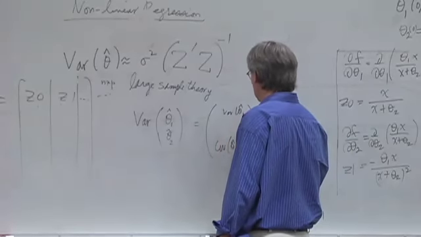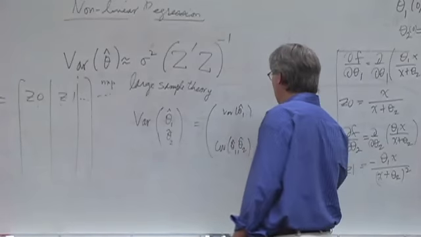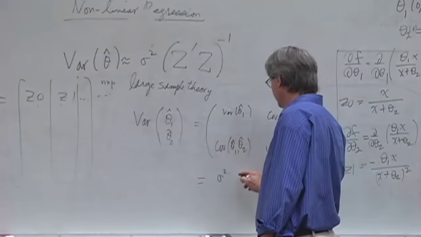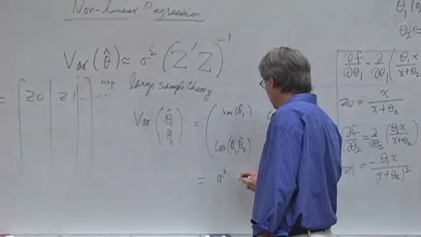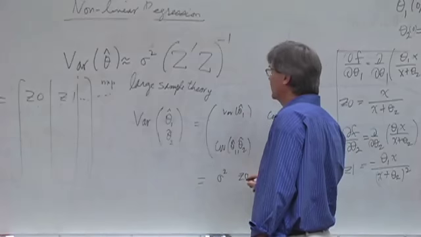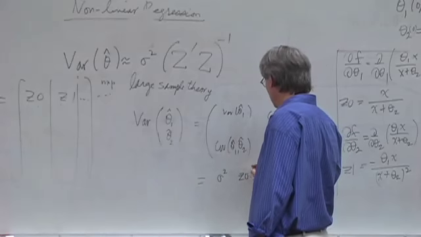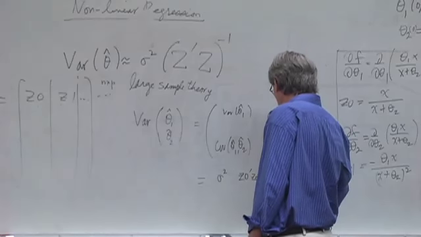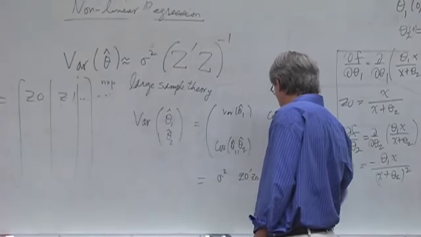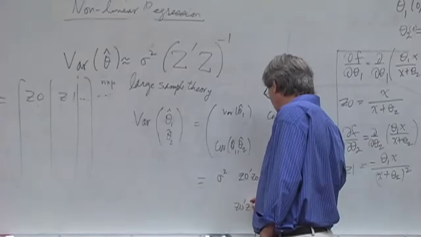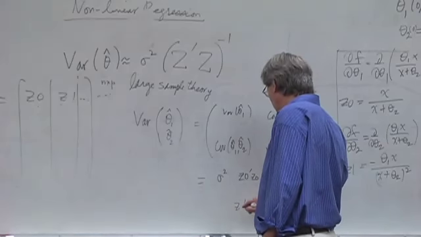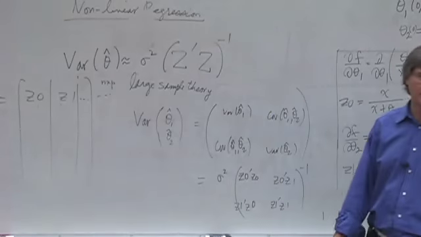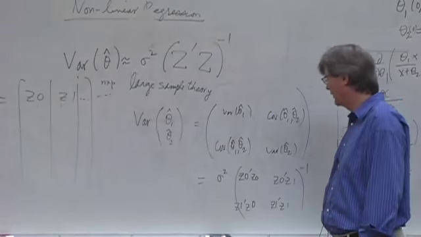That's what the variance-covariance matrix is, and that's sigma squared times Z0 prime Z0, Z0 prime Z1, Z1 prime Z0, Z1 prime Z1, inverted. So you take that matrix and you invert it.